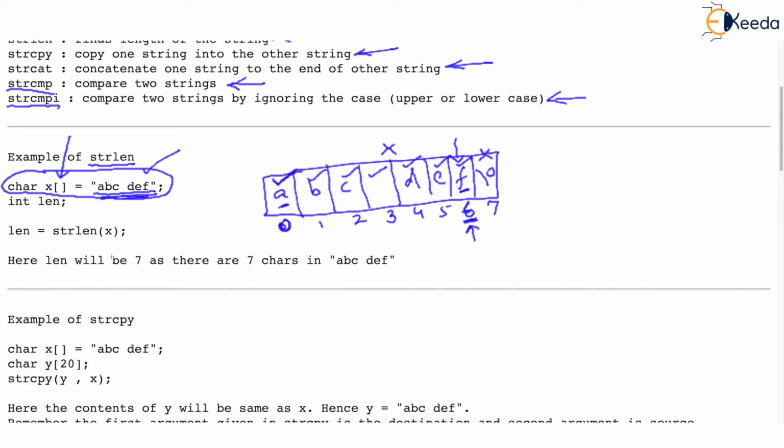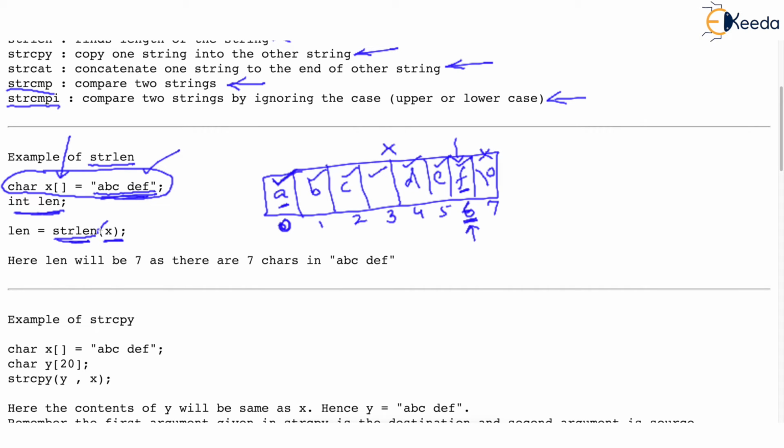How do you find it in C language? Just declare some variable of type integer, let's call it len, and we'll say len is equal to strlen of X. Check that strlen is a string function which takes a string.